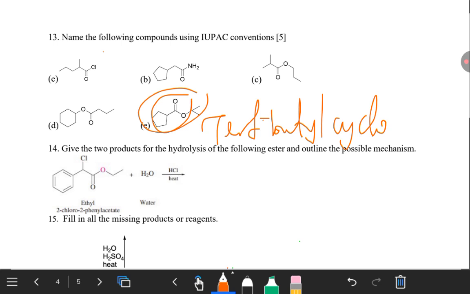It has the 5 rings, so cyclopentanoate. Okay, so that is the name. So it is tert-butyl cyclopentanoate. Let me just write this properly. Cyclopentanoate, because this is an ester.